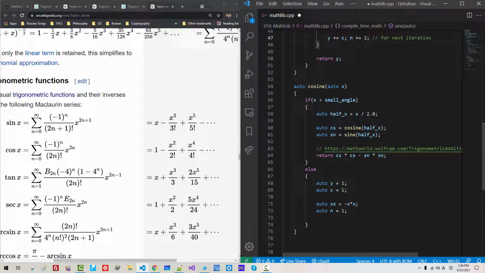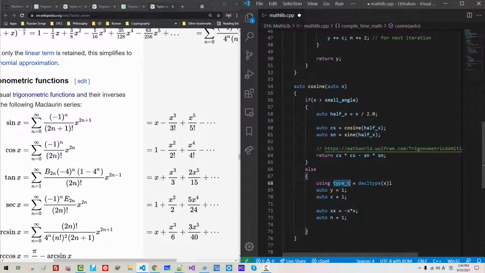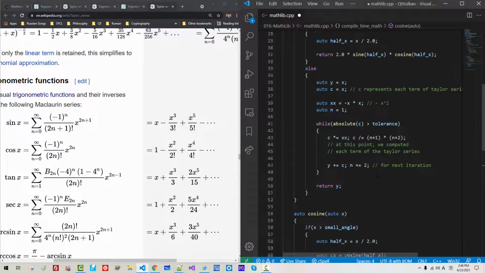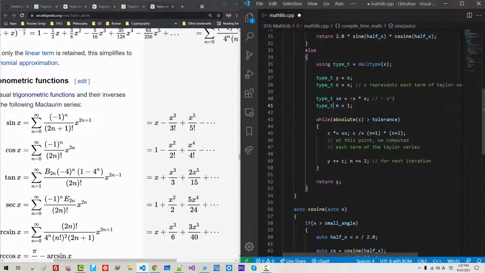In this case, we would set using type T. It should be T. I will copy this, paste T. I will fix it like this.